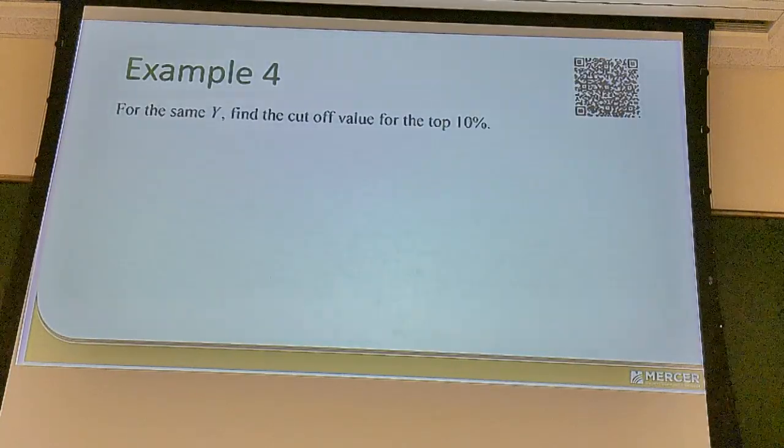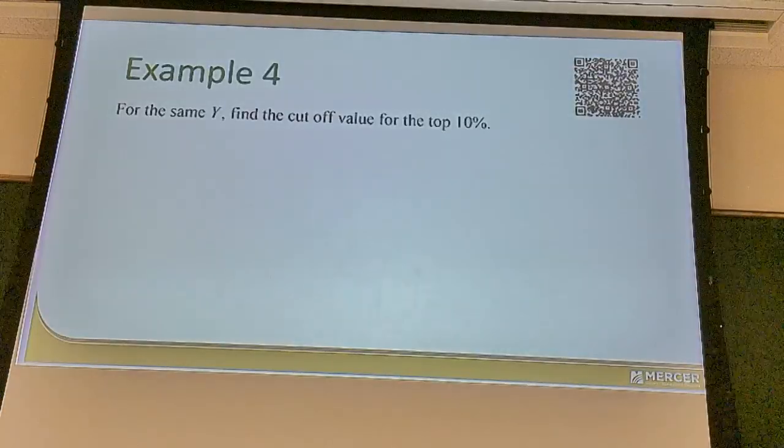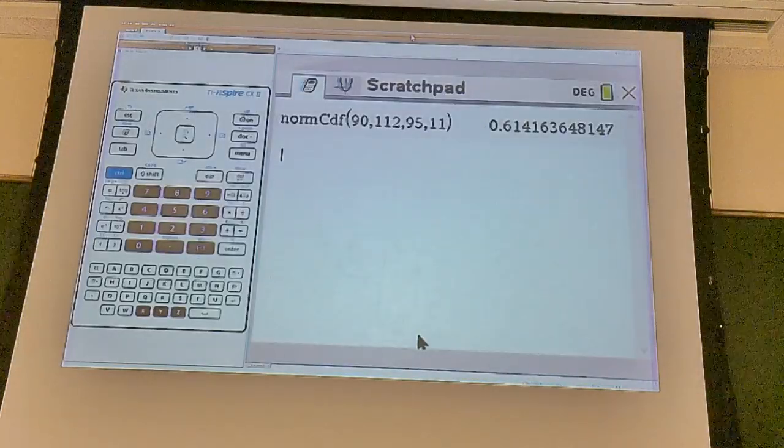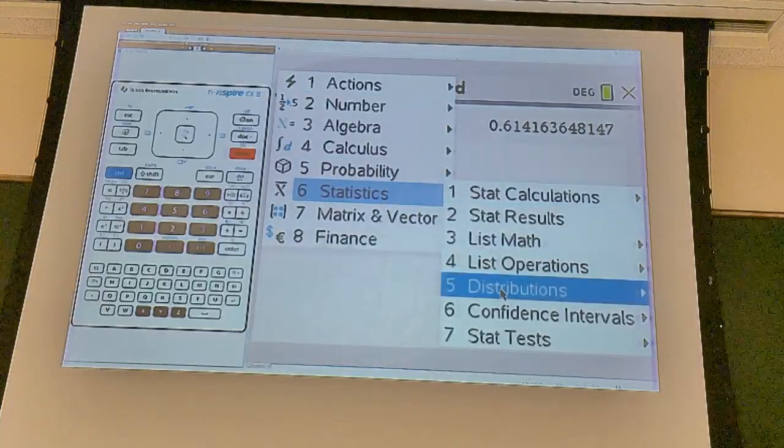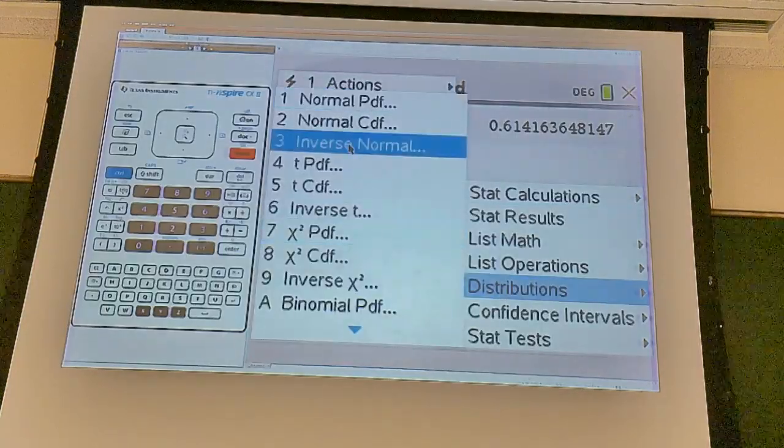We're looking for the 90th percentile. Statistics, distributions. Now we want the inverse normal.